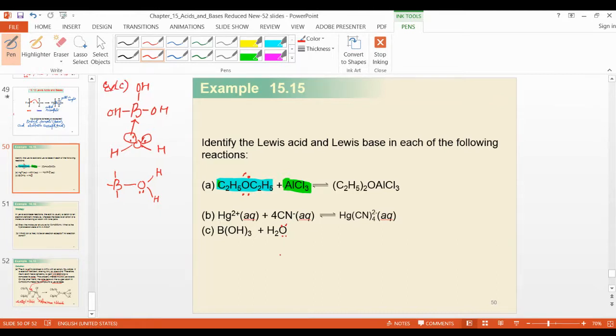Example C. BOH4 minus. BOH4 minus plus H plus.